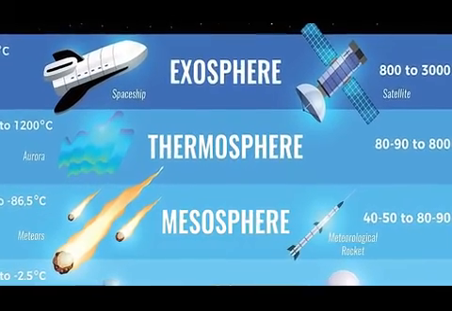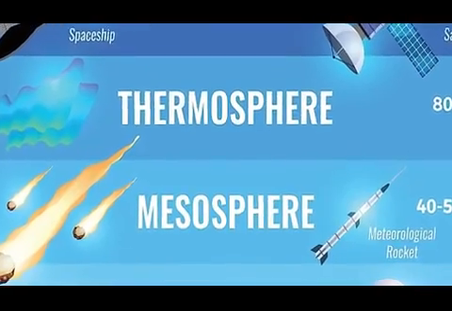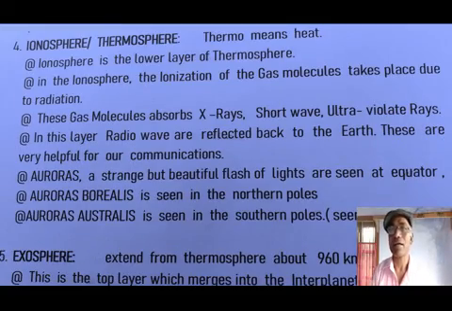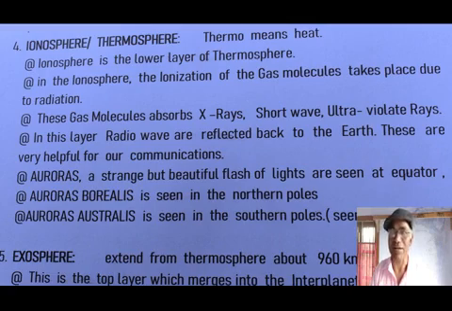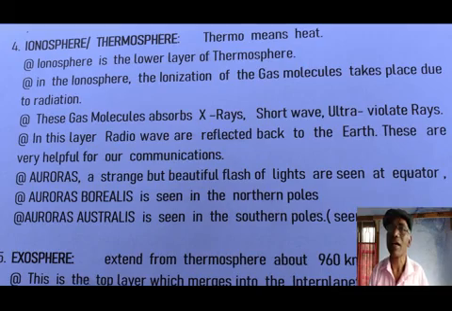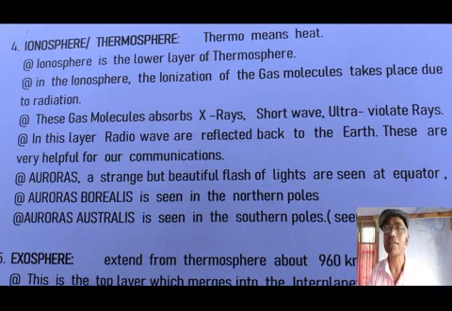Thermo means heat. There are two layers in this sphere. The lower layer is named the ionosphere and the upper layer is named the thermosphere.